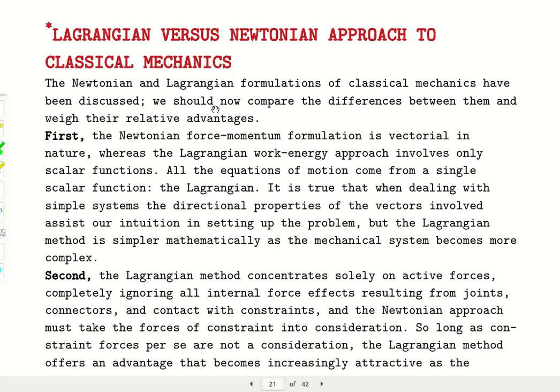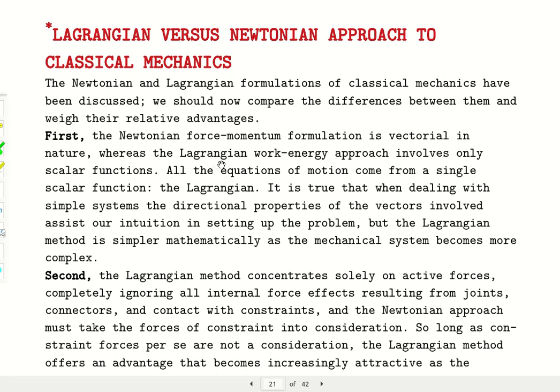First, Newtonian mechanics deals with vectors, but Lagrangian mechanics deals with scalars, energies, work and energy. Newtonian equations deal with force and momentum, which is a vector form. In some simple cases, Newtonian mechanics does a very good job, and Lagrangian mechanics complicates the thing.